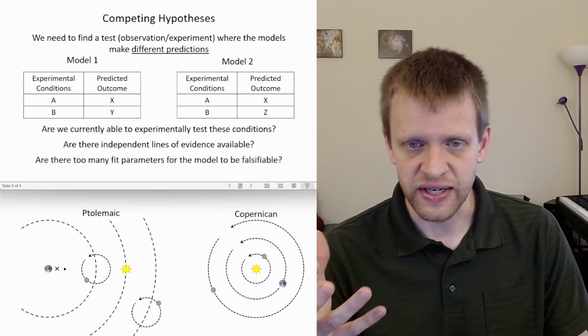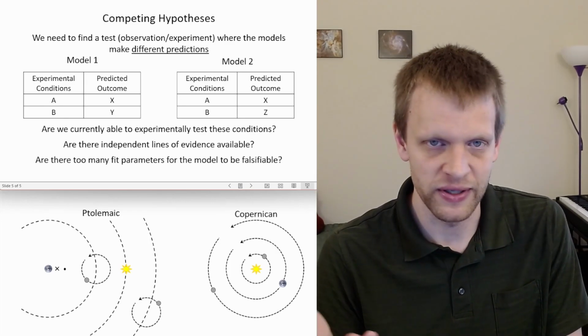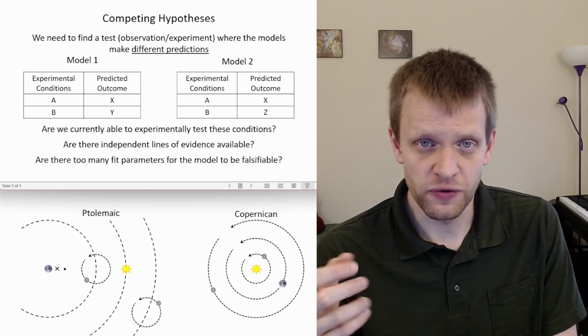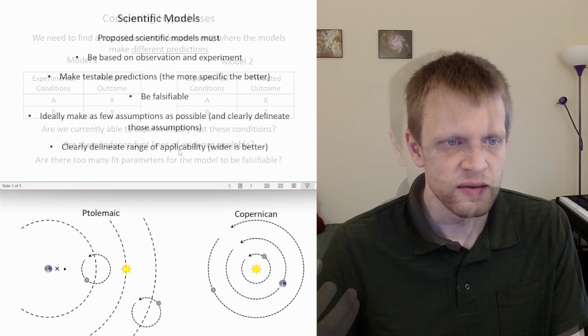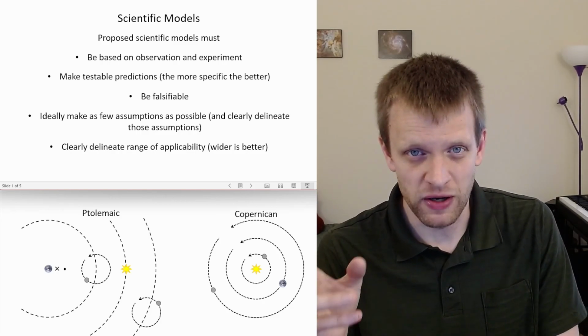And one other thing, and this is getting into extensions of the standard model and string theory: are there too many fit parameters for the model to be falsifiable? This goes back to wanting to make as few assumptions as possible.